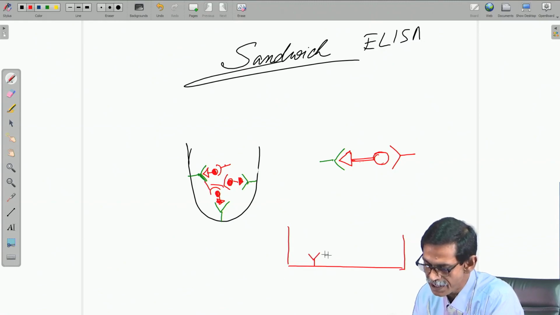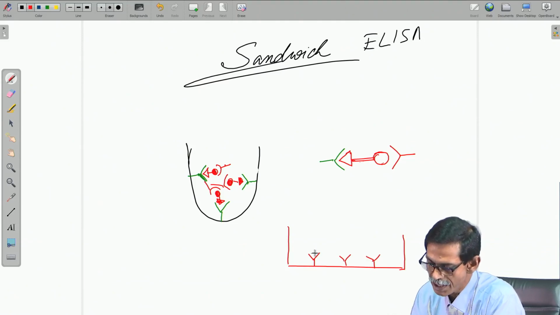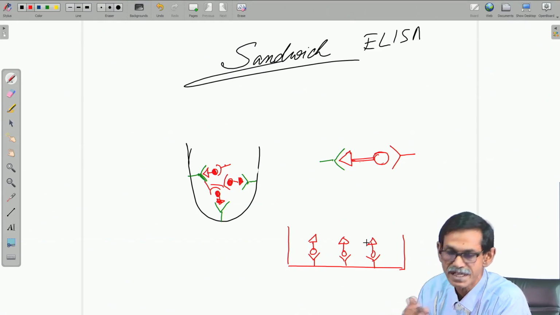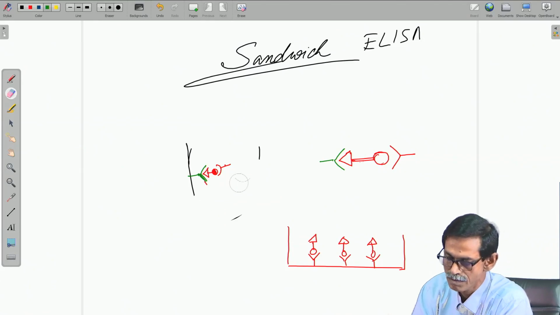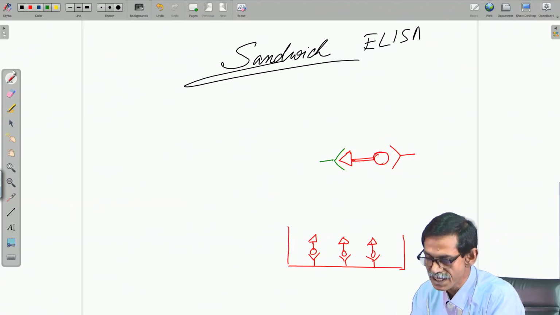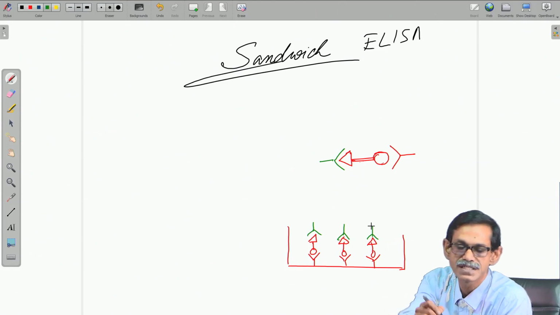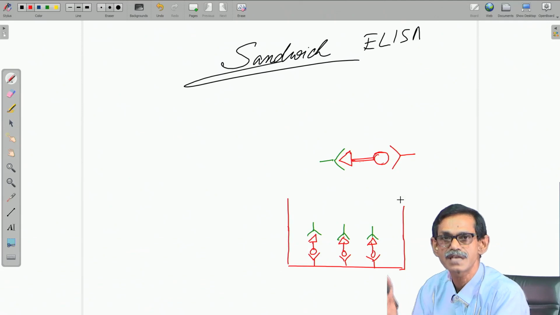One antibody here, instead of making this, one antibody here, like this. Then the second antibody will come. I just reverse this thing, and let me redraw this to avoid confusion. The second antibody will bind like this, and this is the well, where everything is happening.